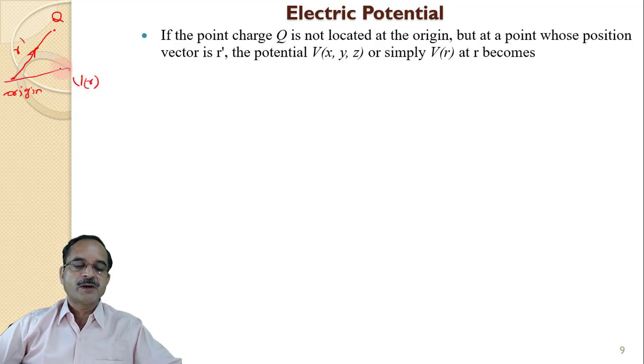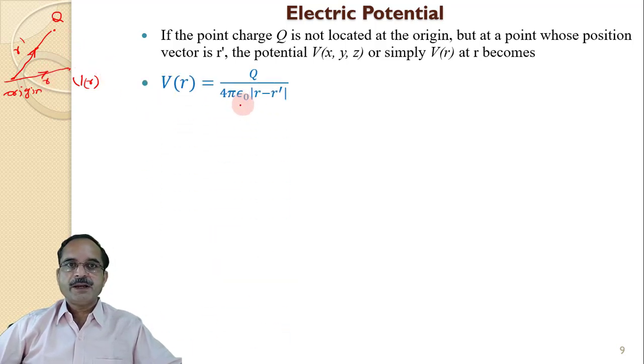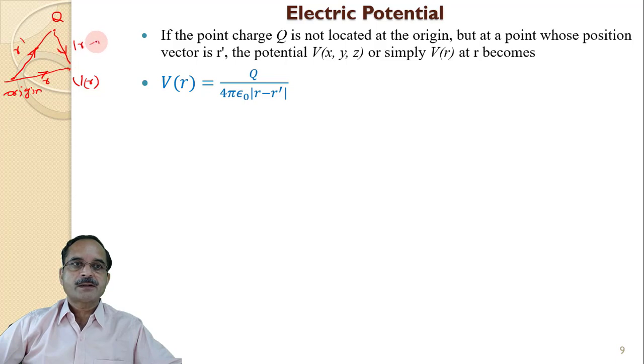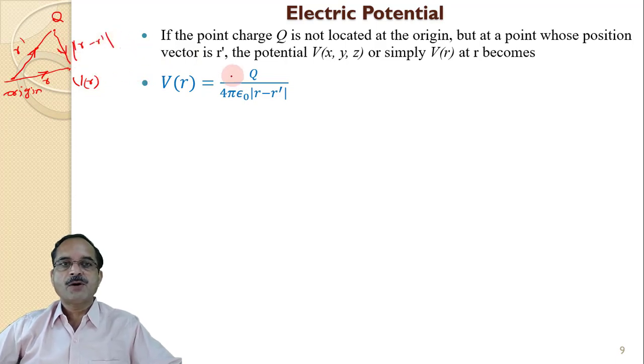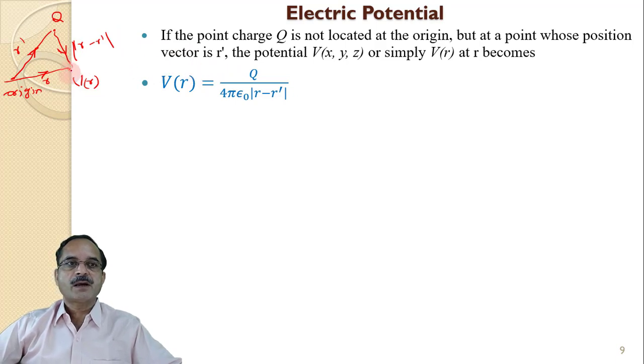So this has a position vector r. So this is given as Q upon 4 pi epsilon 0 times the magnitude of r minus r dash. So this is r minus r dash, the magnitude of this position vector r minus r dash.